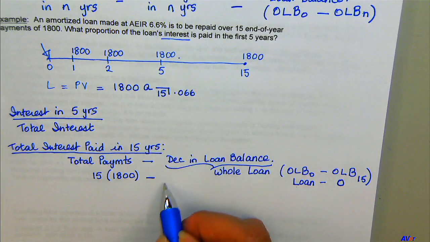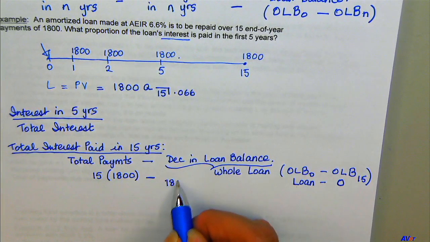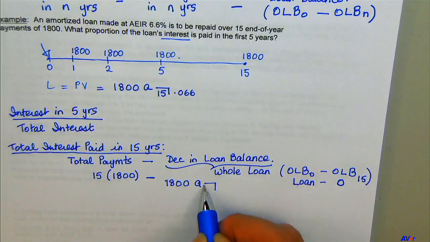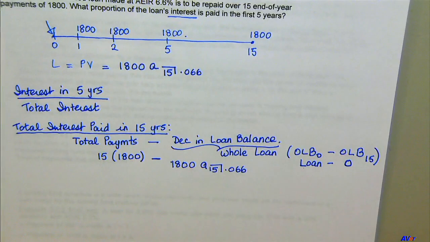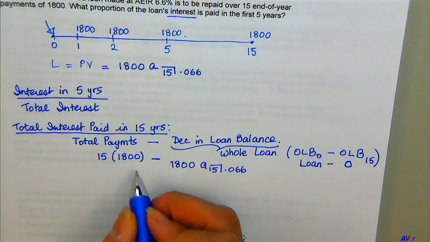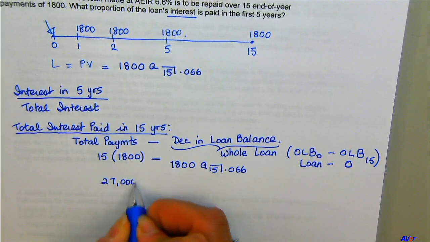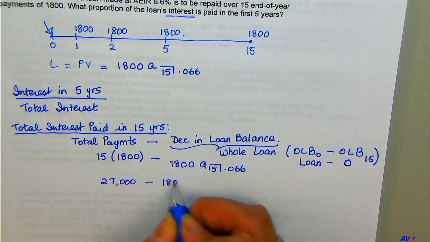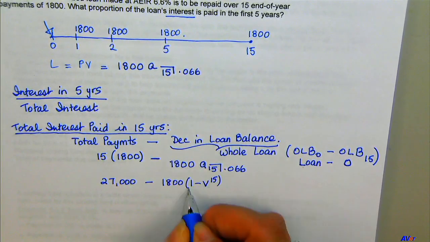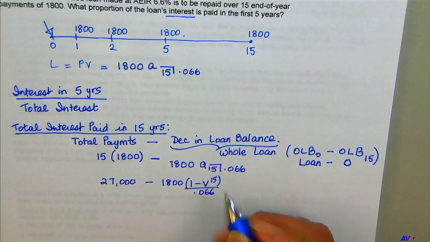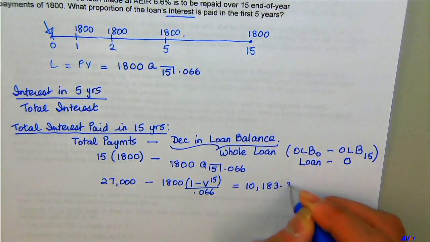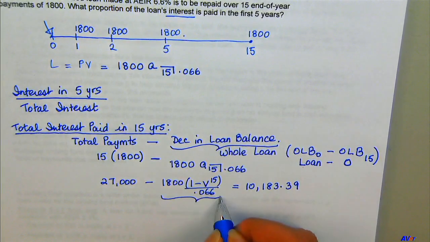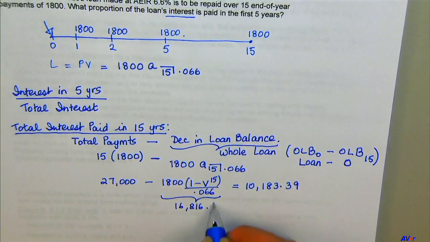So for this one, I'm just going to say the whole loan, which is 1800 A angle 15 at 0.066. Are you with me? Let's clean that up. So 15 times 1800, 27,000, minus 1800 times (1 minus v to the 15) over 0.066. This gives me 10,183.39, because this mess was 16,816.61.